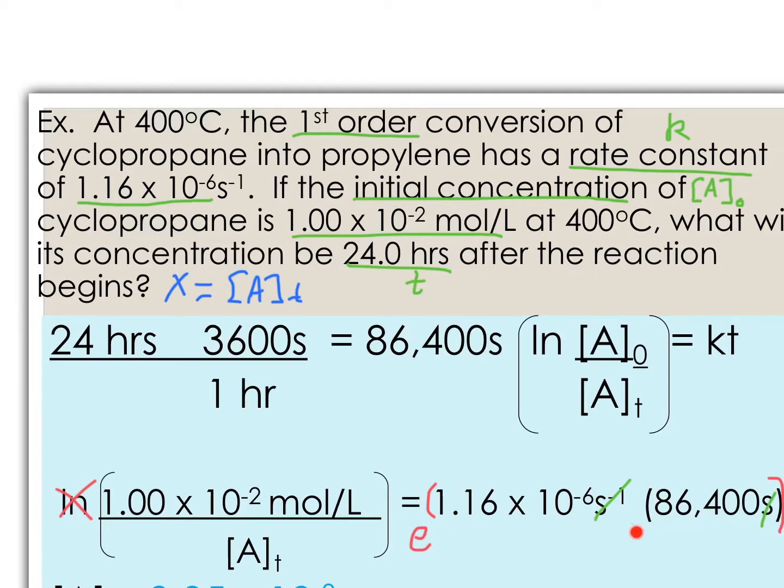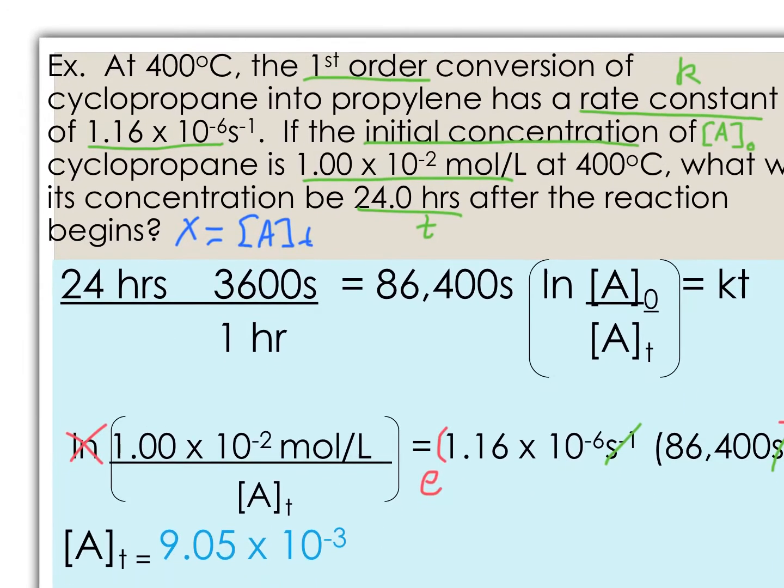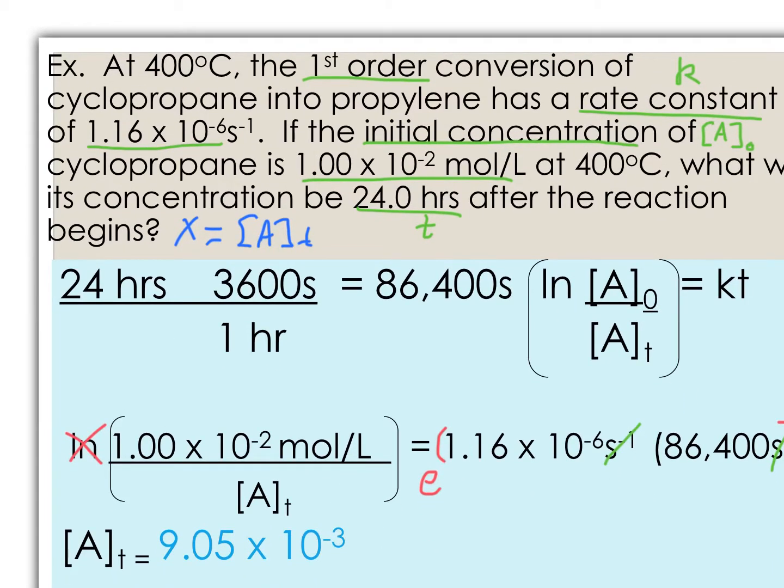That gives you a number. Then you have 1 times 10 to the negative second over AT equals your number. So that's just basic algebra. And you get 0.905 times 10 to the negative third. Notice my unit is already taken into account here because of the brackets. The brackets mean concentration. So this is saying the concentration of A is 0.905.